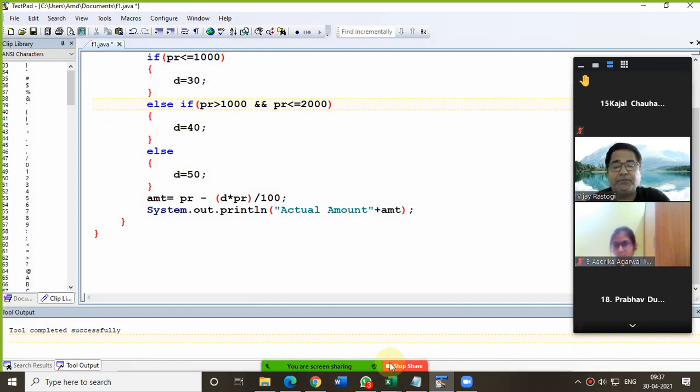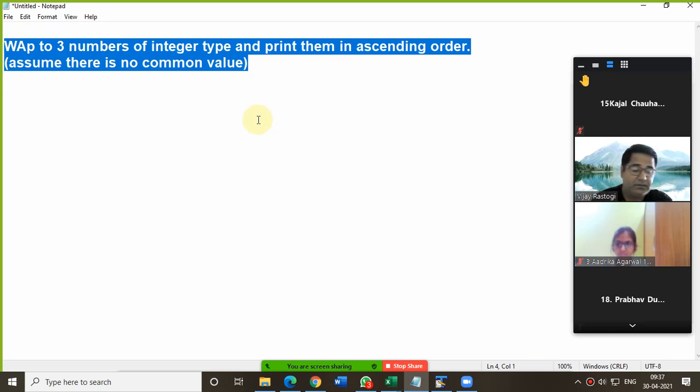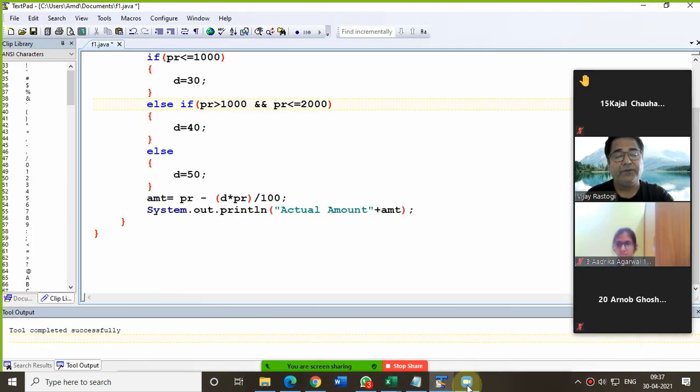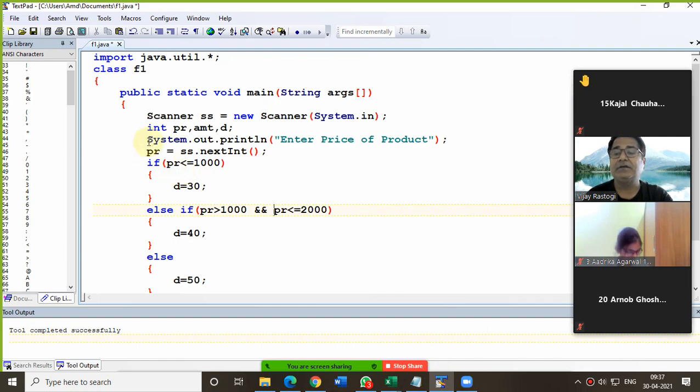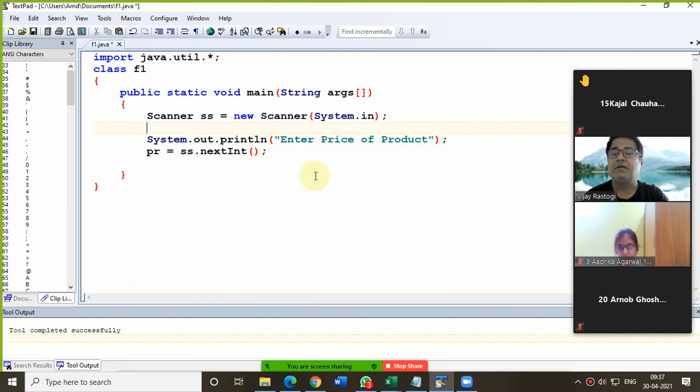So my question was, do you remember the question, beta? What was the condition? Will you read the condition? So the condition was, if salary is less than 45,000, then DA is 15.5% and HRA is 25.5%.